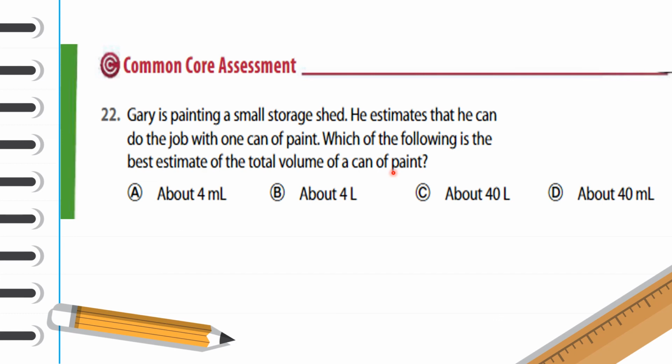So what do you think one bucket, one pail, or 1 can of the paint can hold? 4 milliliter of the paint, 4 liter of the paint, 40 liter of the paint, or 40 milliliter of the paint? You have to circle the correct answer.